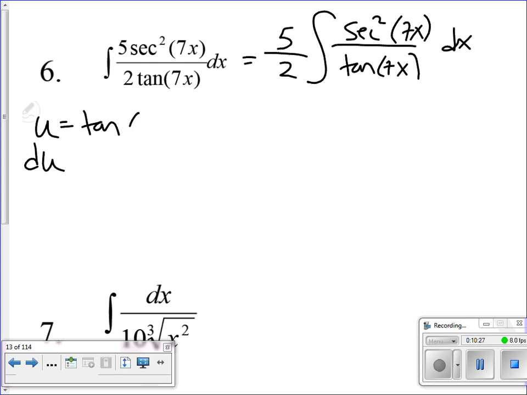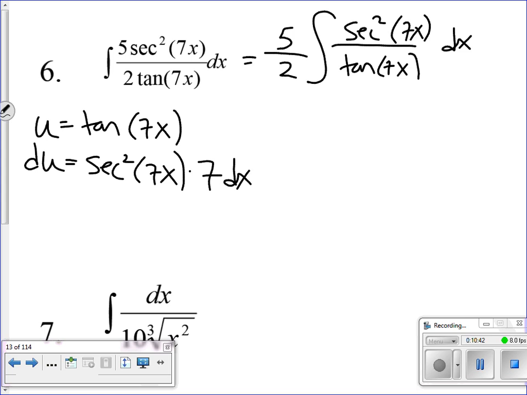Well, oops, I wrote tan of x, excuse me. It's tan of 7x. Whenever you're going from u to du, and u is a composition of functions, don't forget about the chain rule. So du is secant squared of 7x times 7, the derivative of the inside. So we actually are missing a factor of 7. So I need to put that in here and put a 1/7 out here. Now when we rewrite this, we have 5/14 the integral of du over u.